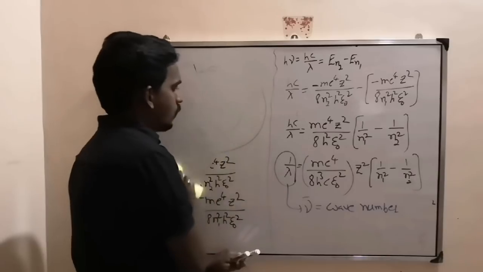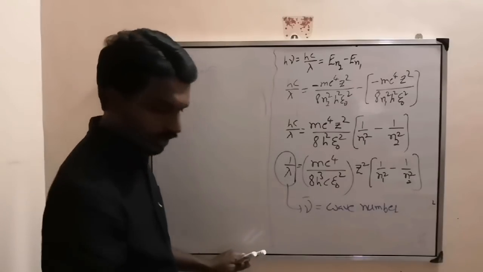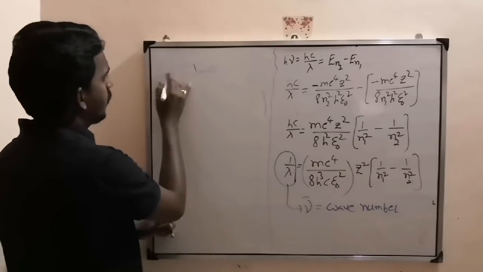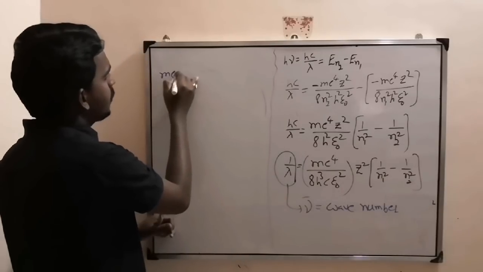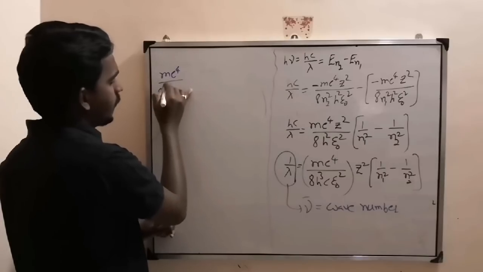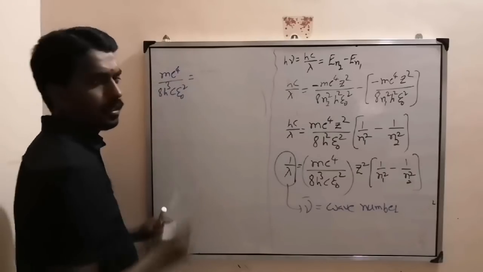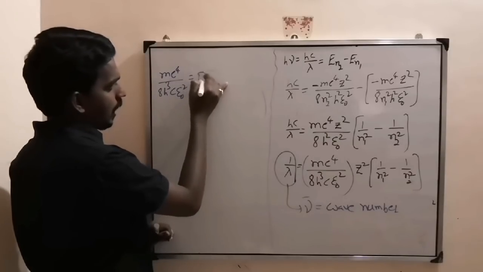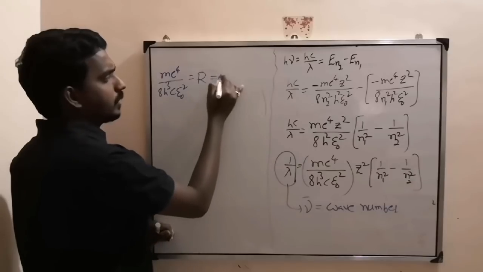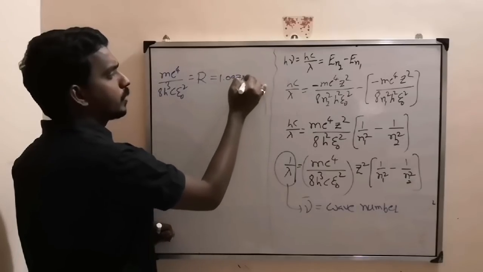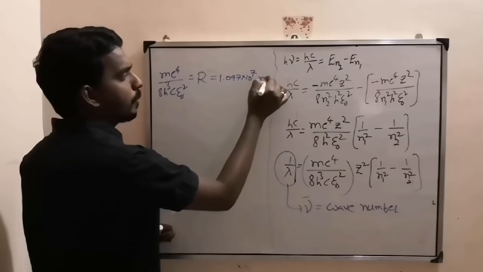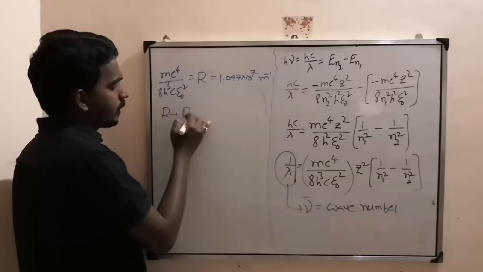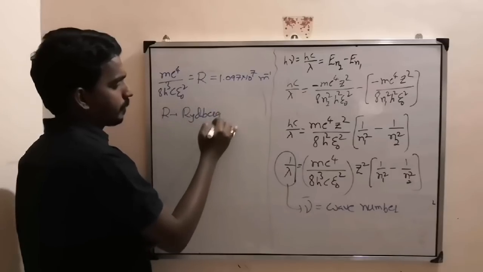So if you substitute this whole quantity, m e power 4 by 8 h cube c epsilon naught square, that value comes out to be R, which is 1.097 into 10 power 7 per meter, which we call the Rydberg constant.